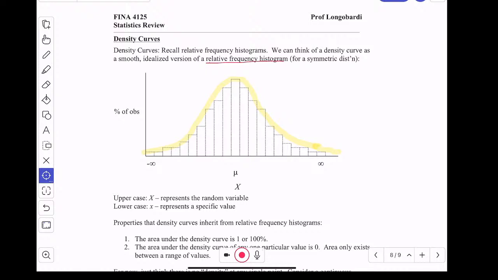And we're going to focus on symmetric distributions in finance because we spend a lot of time in this course looking at risky assets in the market, and it turns out that over time, if you look at historical data, they will have a symmetric distribution.